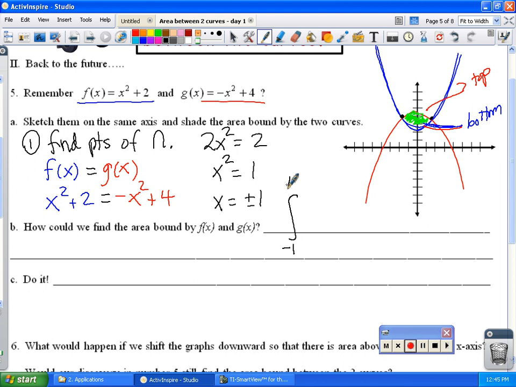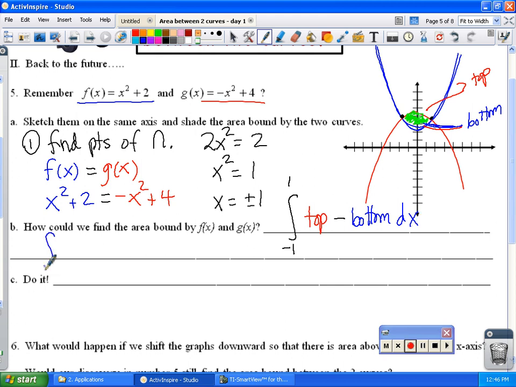And when I find the area, when I talked just a minute ago about the top curve minus the bottom curve, it's literally going to be the top curve minus the bottom curve. So in other words, it's the area under the red curve minus the area under the blue curve. And in this case, it's dx because that is the variable that we're using.